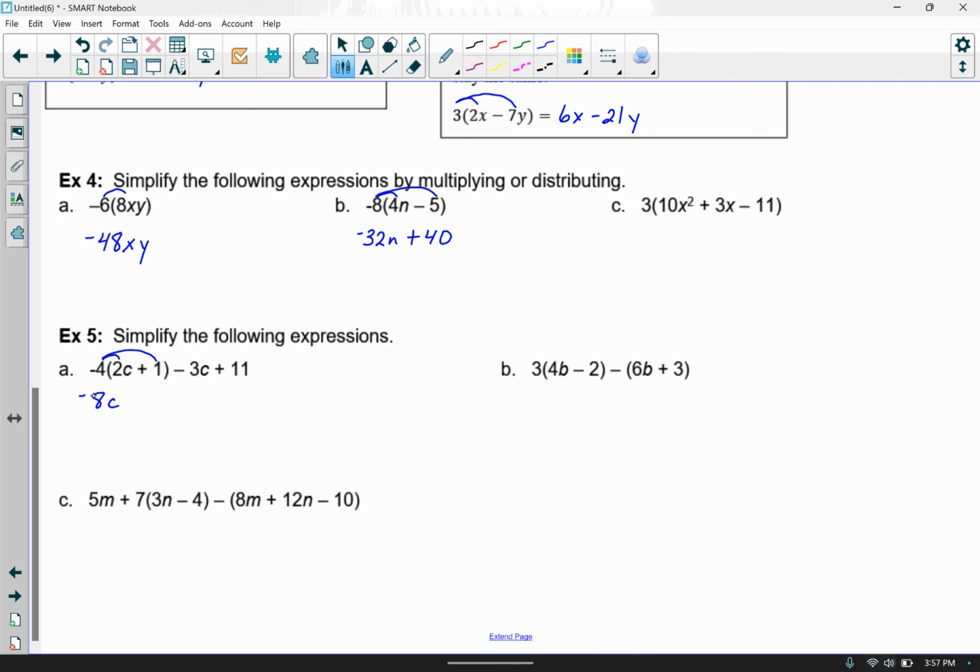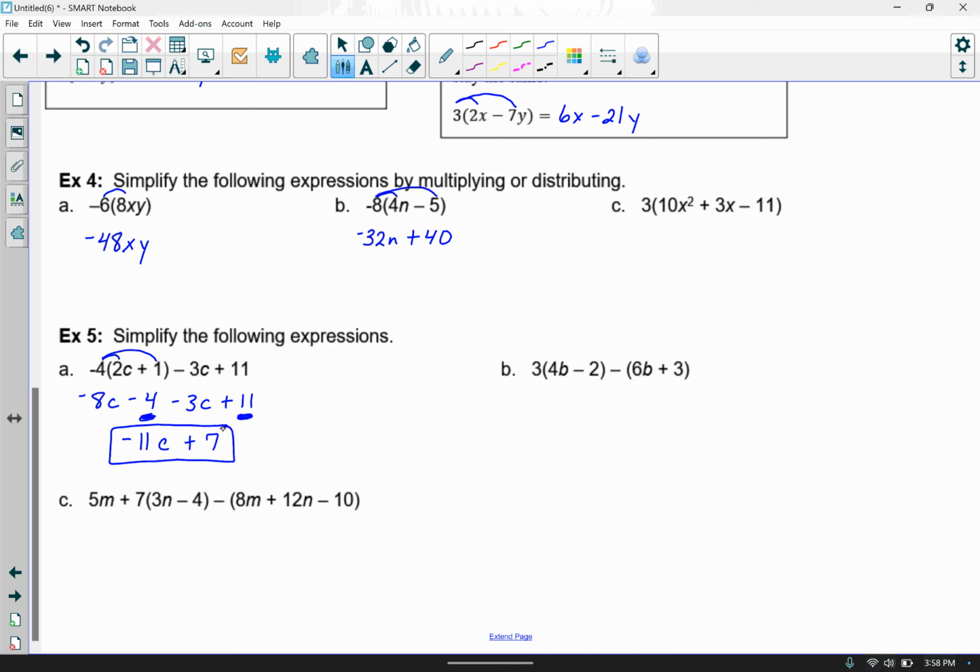Hopefully you agree, negative. -4 times 1, so -4. I'm going to bring down the -3 and the positive 11. And then I'm going to combine like terms. -8c and -3c combine to give me -11c. Combine your numbers. -4 plus 11 gives you a positive 7. Final answer.